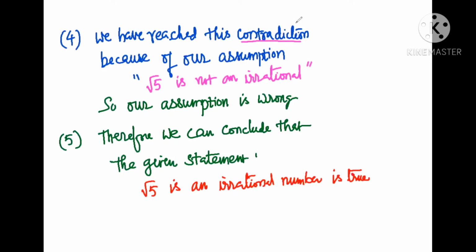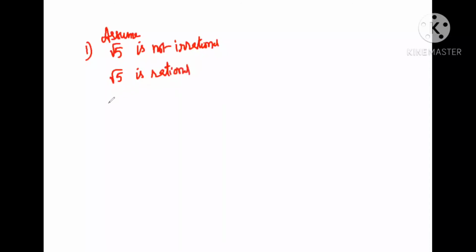Let us once revise the total proof. First we assume that root 5 is not irrational. Then we take root 5 is rational. Then it can be written in p by q form, where p, q are co-primes. Then in the second step, we square both sides.